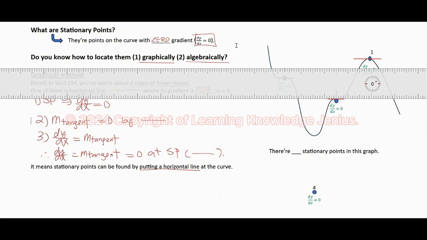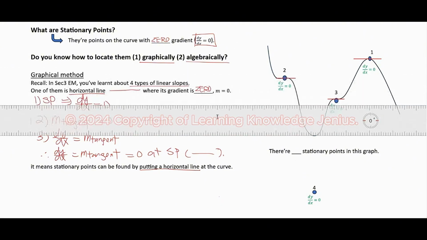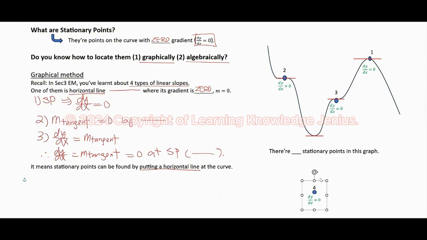Get back my ruler, continue moving downward, and finally I reach my last stationary point. Okay, now I'm done with finding all my stationary points. And you can tell that there are a total of 4 stationary points in this graph.